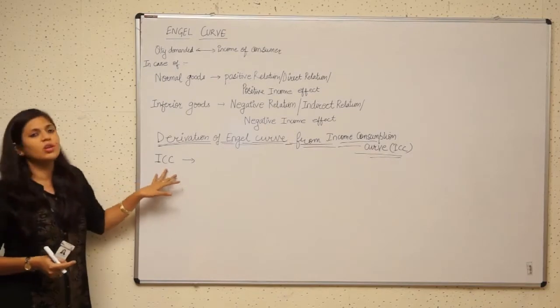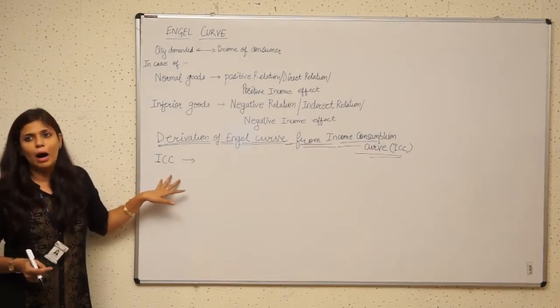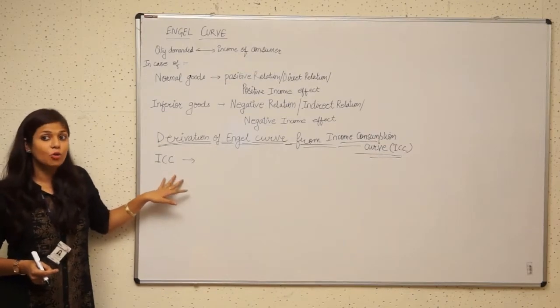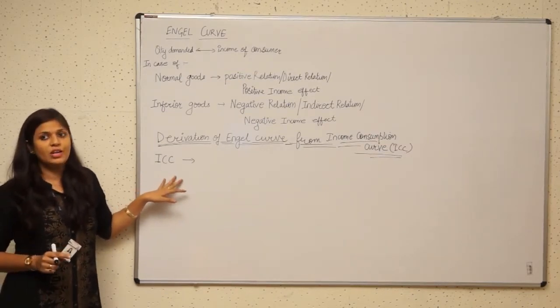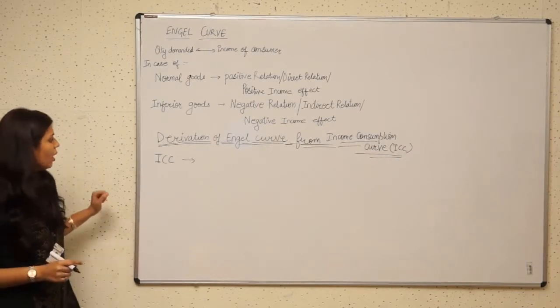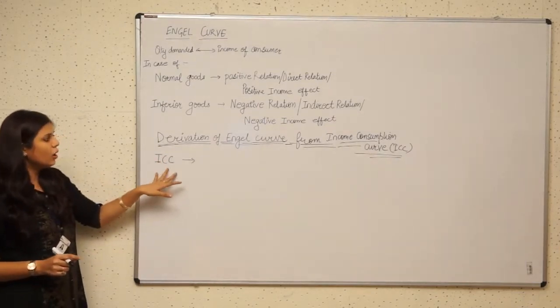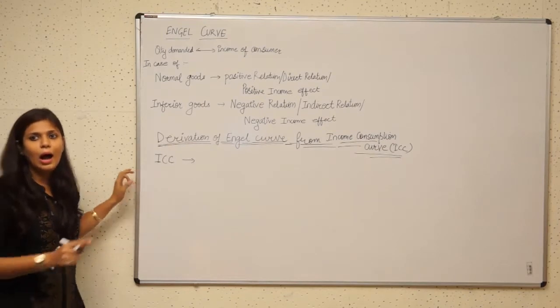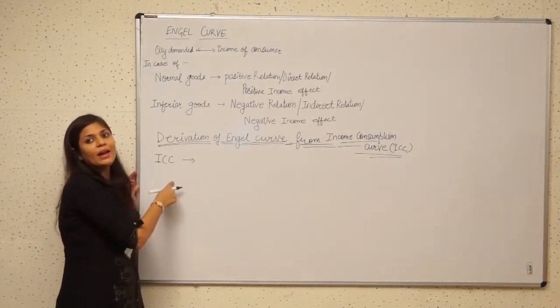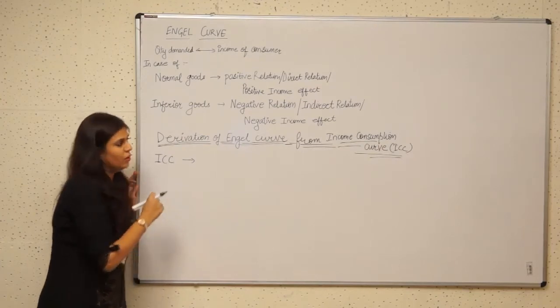So the income consumption curve basically tells you about the change in the consumption pattern of a consumer due to the change in the income of a consumer. Now we have to learn through a graph how to derive Engel curve with the help of an income consumption curve.